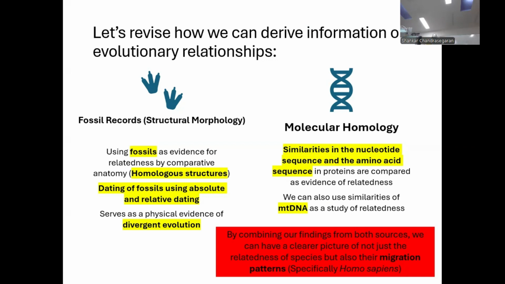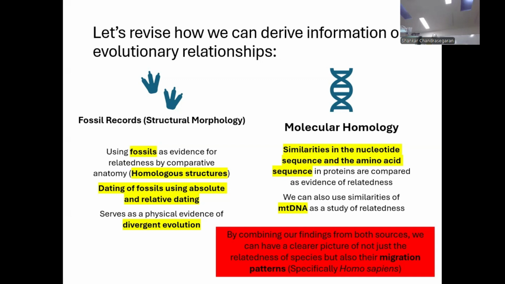We also use structural morphology of the fossil records to compare between the different fossils that we find to see how they have changed and what similarities they have. When we have similarities, we can use that as evidence of relatedness, in the sense that if they have homologous structures, we know that they are related to each other. And the more homologous structures they have, the more closely related they are as well, right?